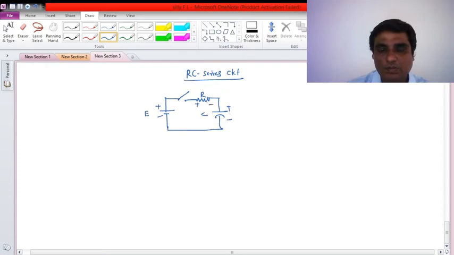These are my polarities, and this is switch K. Such a circuit we have already solved by physical inspection. We obtained the initial current, the final current, the initial voltage, and the final voltage.